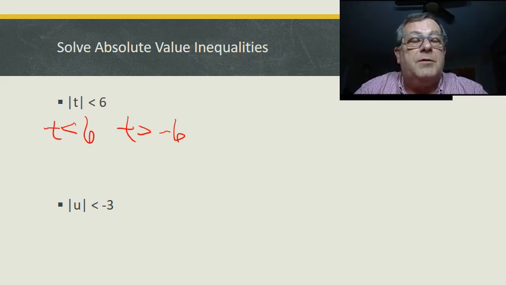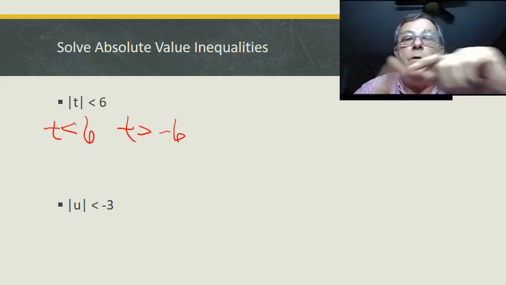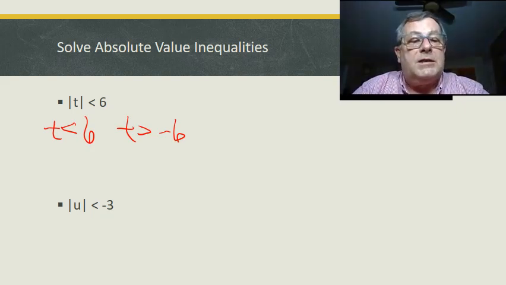So we start off absolute value of t is less than 6. We know that whatever's inside that absolute value symbol could be a positive or a negative number. And when it comes out of the absolute value, then it's going to become positive. And so when we set up our second case and we set the right-hand side of the inequality to a negative, we also have to reverse the inequality symbol.